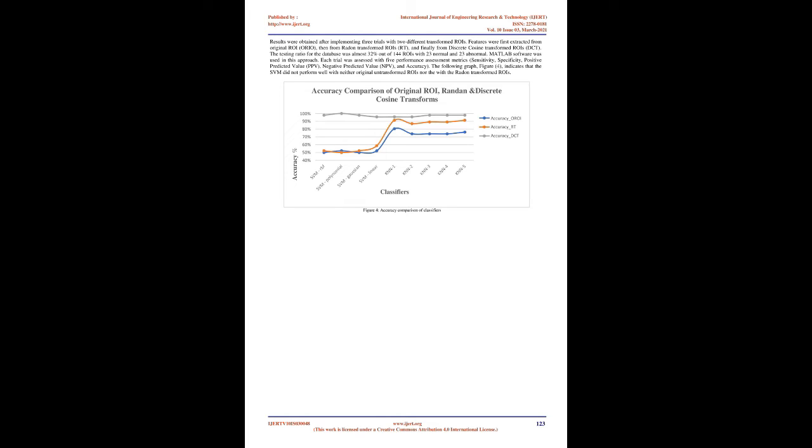Megha et al., in 2019-18, presented a machine learning-based approach. In the pre-processing step, they performed skull stripping to remove all extra tissues in the skull images. For feature extraction, gray level co-occurrence matrix, GLCM, was used and then the prominent features were selected.